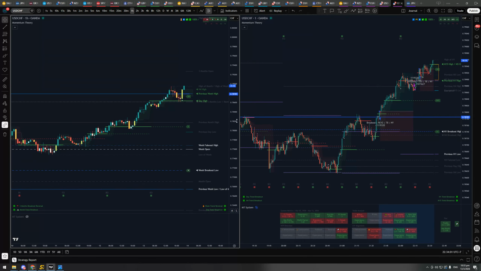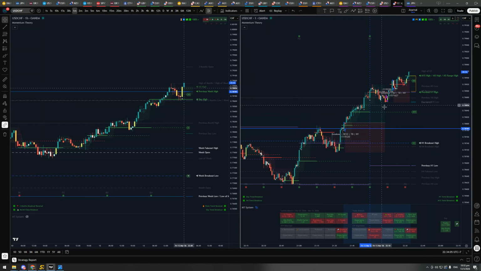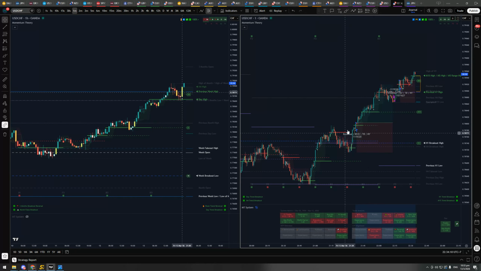So I don't usually trade like this anymore. Usually I'm waiting for the bars to close, and then I'm looking for the next move. But I used to trade like this, just sitting and watching. And so this would be the entry for me if I were still scalping the way that I used to.